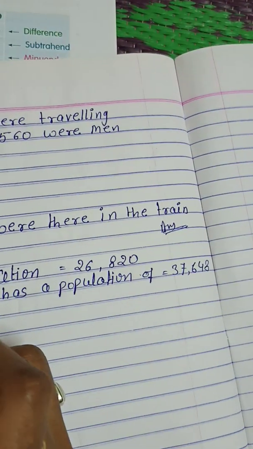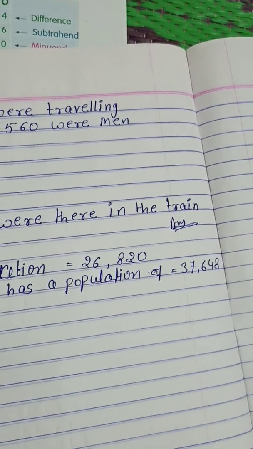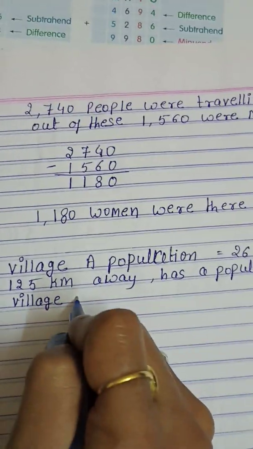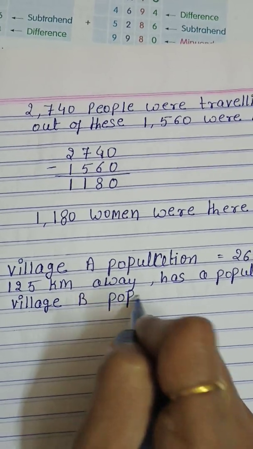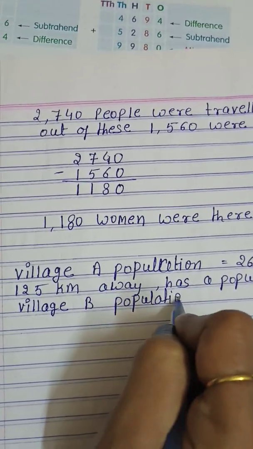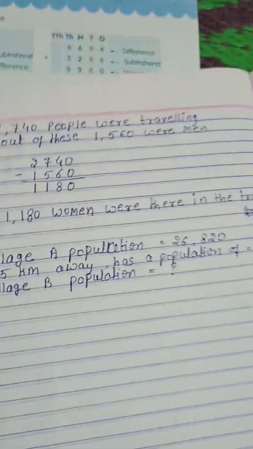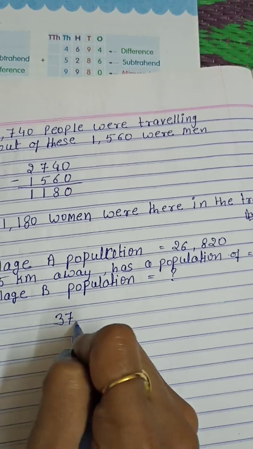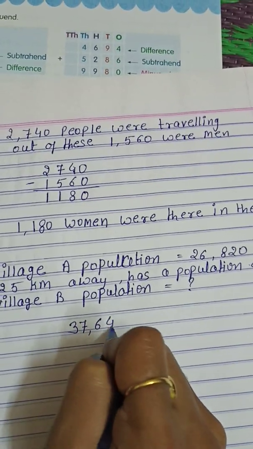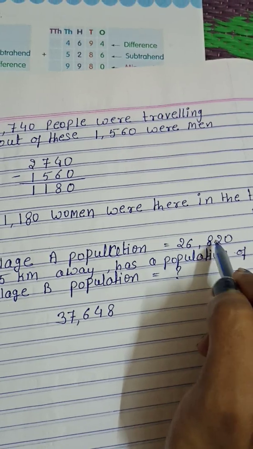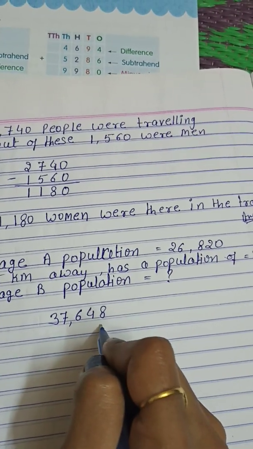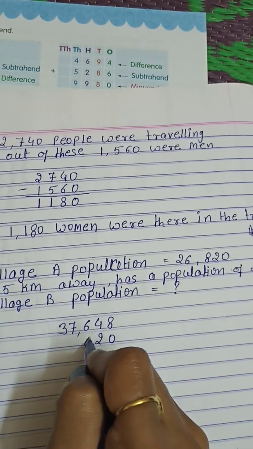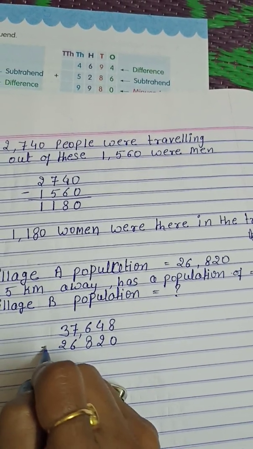So we have to find village B population. We have to find it. So first we have to write this number like this and subtract our village A population from it.